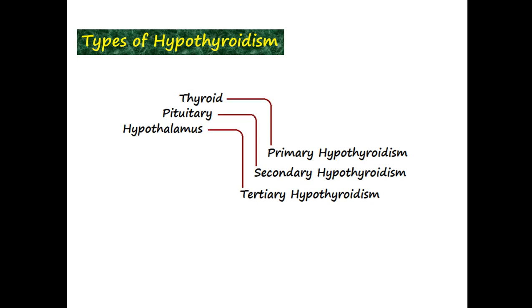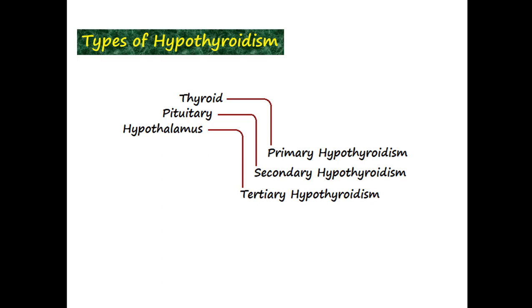We also know that the pituitary gland itself is under the control of the hypothalamus. The hypothalamus releases thyrotropin releasing hormone or factor, and it stimulates the anterior pituitary to cause secretion of TSH, which in turn stimulates the thyroid gland to produce T3 and T4, the thyroid hormones.